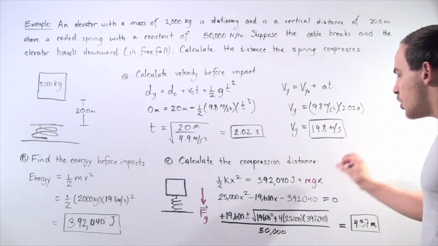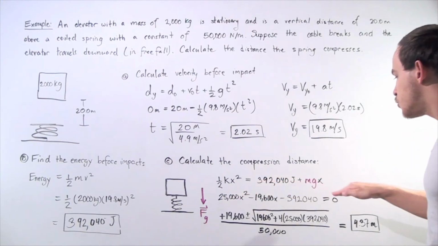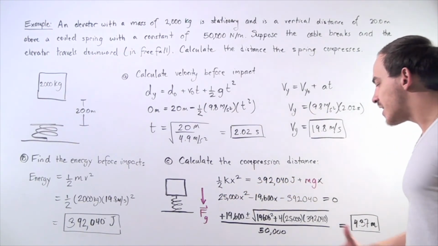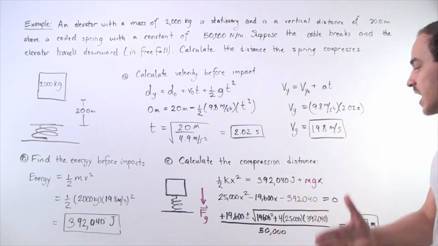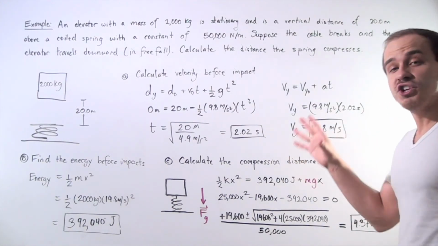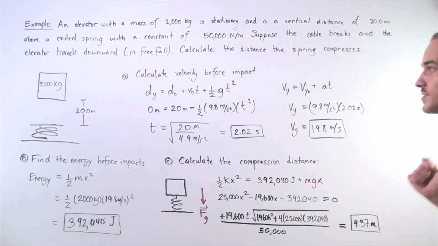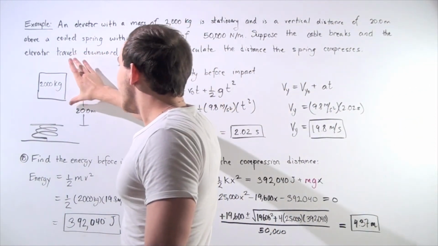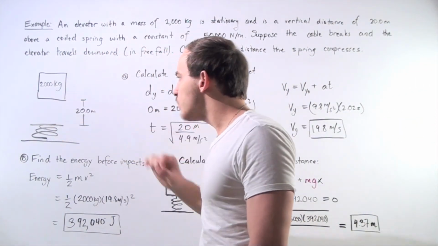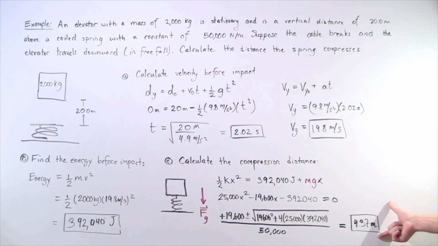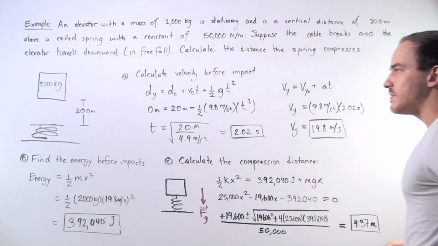So we plug our knowns in and we see that we have a quadratic equation, and we use our quadratic formula, we get two results. We use only one result, the positive result, 4.37 meters. This result means that when the elevator hits the spring, it will compress a distance of 4.37 meters.